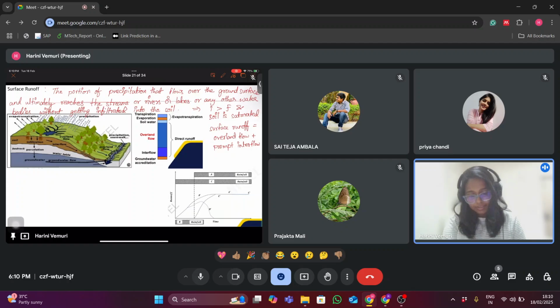As we can see in this figure, whatever rainfall is falling is first converted into overland flow and reaches the streams. We have also learned that there is a lateral movement of flow within the soil layer called interflow, which also reaches the streams. So these two are the major contributors of surface runoff.